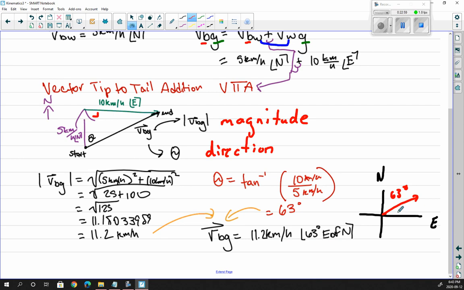Those types of angles are called complementary angles. And so you have to add 27 degrees to the 63 to get the 90. So if you wanted, you could rewrite this as 27 degrees north of east. Both are acceptable.